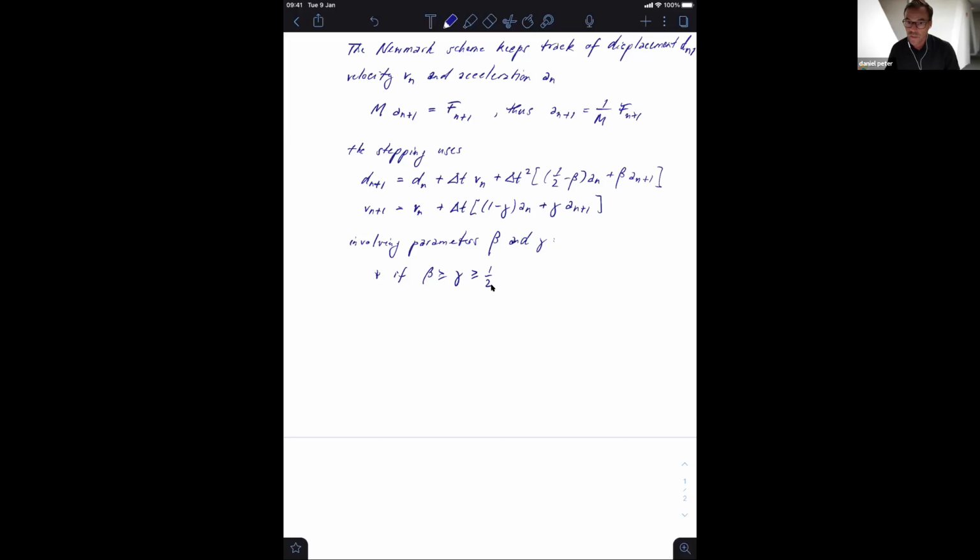So then we have these contributions from the acceleration at n plus 1. So the scheme becomes an implicit scheme, and the implicit time scheme is unconditionally stable. So for that choice, when we choose beta and gamma bigger than 1/2, we have an unconditionally stable scheme, which means we can choose the time step size as big as we want.